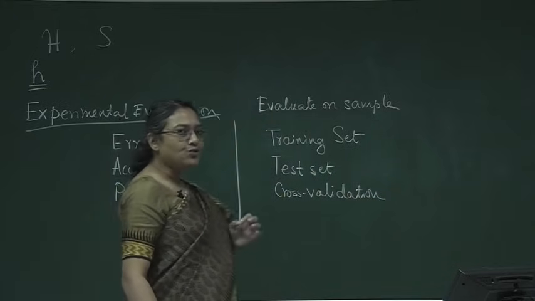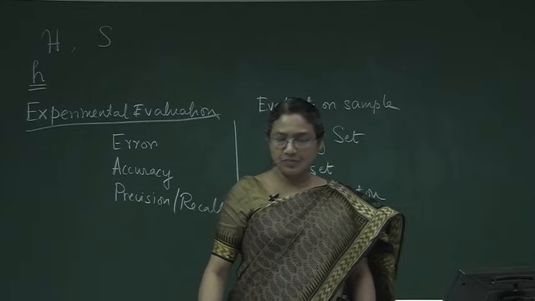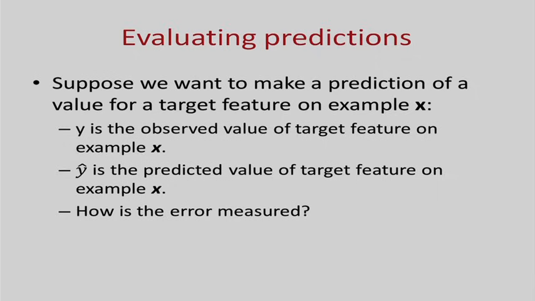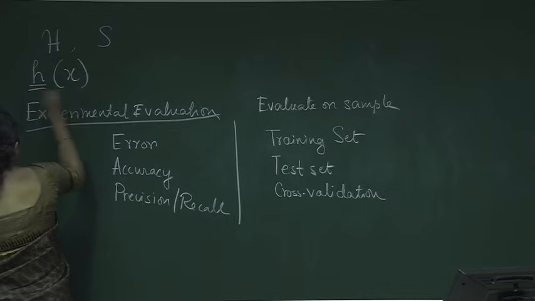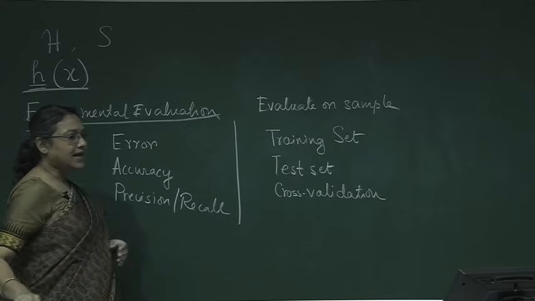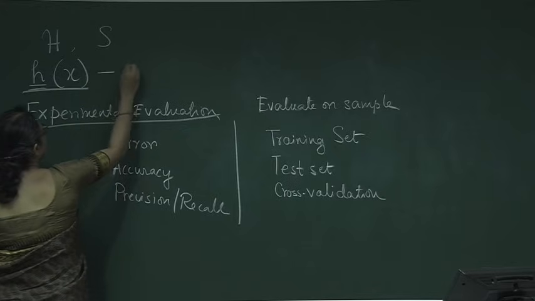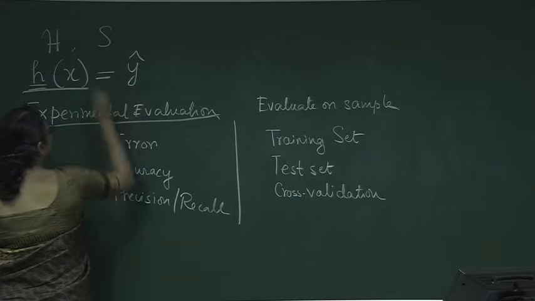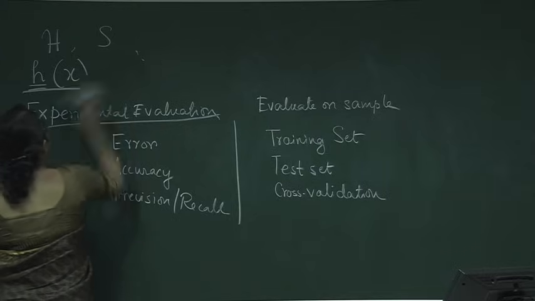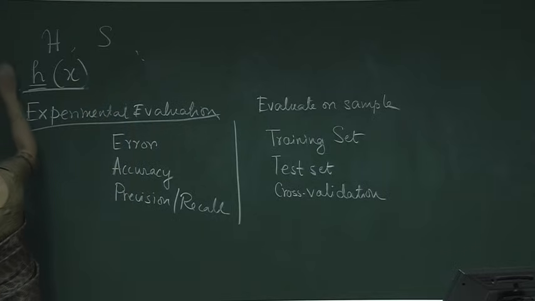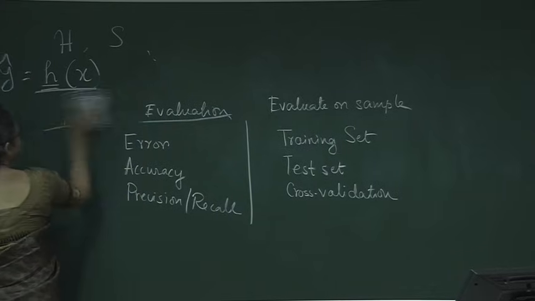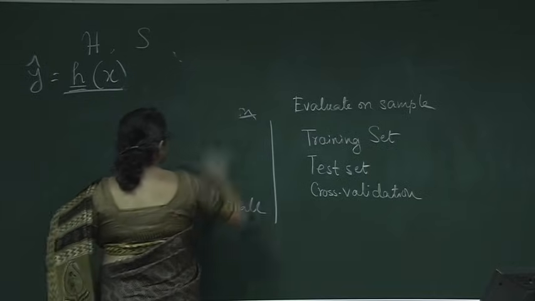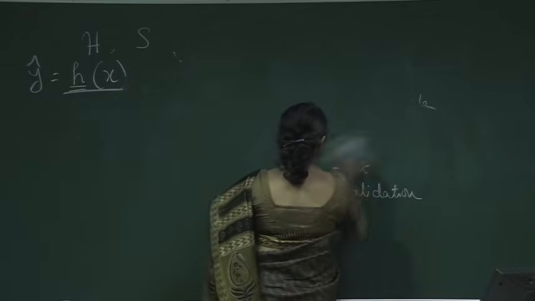Now, how to evaluate a prediction? Suppose you have come up with h and you get an example x and you want to make a prediction on x. So, you want to make a prediction h(x), and let us say h(x) equal to y, or we can say y hat equal to h(x). And suppose associated with x, the correct value of y is given.